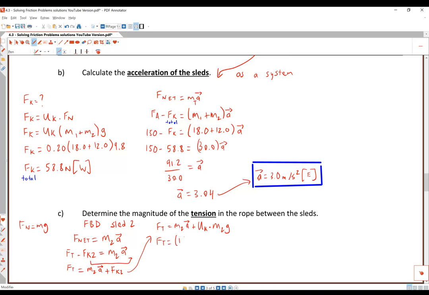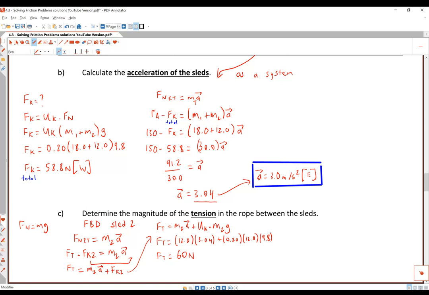Our mass 2 is 12 multiplied by our acceleration from our previous question. Now don't use the rounded value; try to use as many decimal places as possible. So we're using 3.04 plus mu k, which is 0.20, times mass 2, 12, times gravity, 9.8. So we get a tension force equal to 60 newtons.